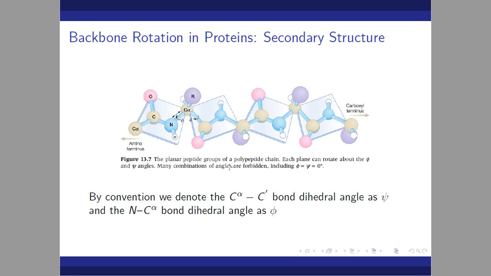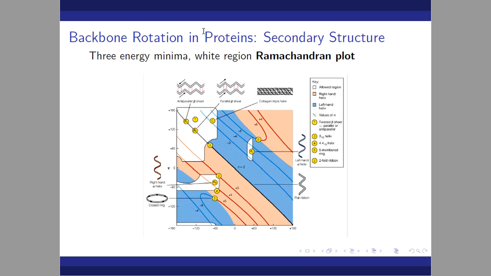So we have these two angles. From these angles, we can plot, or do the experiment, and get the Ramachandran plot, where we have the energy minima of the rotation.